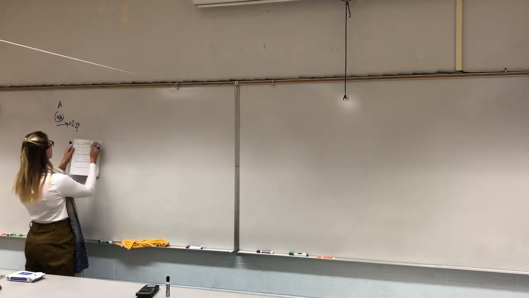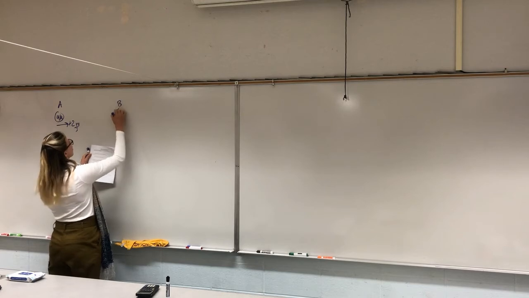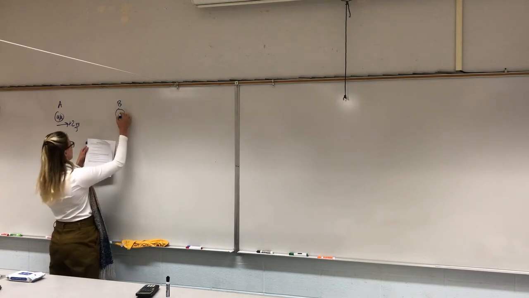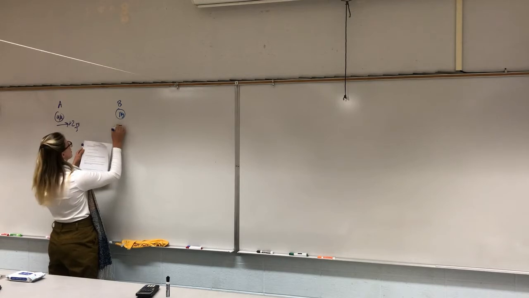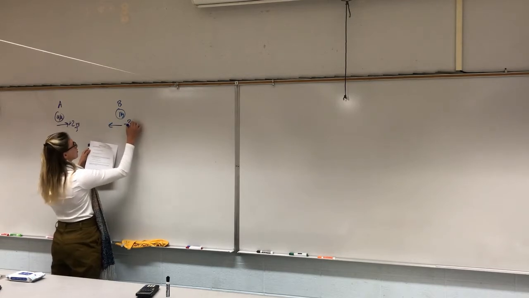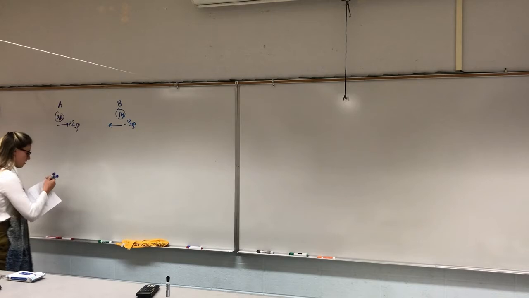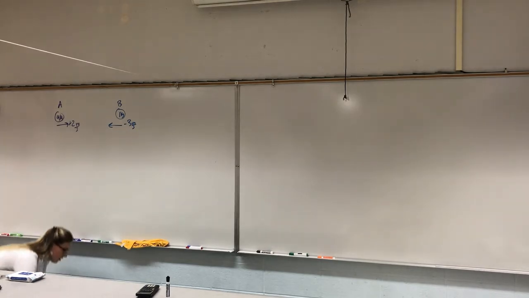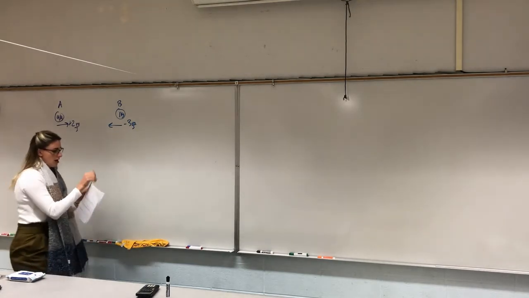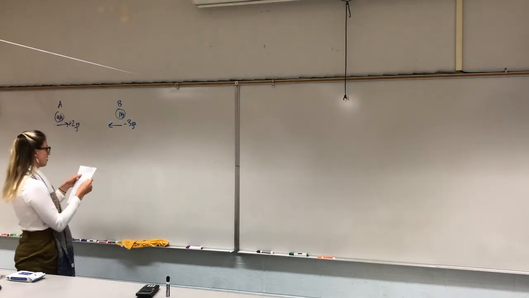Ball B has a mass of 1 kilogram. It has a velocity of -3 meters per second. And then make a sketch, done.